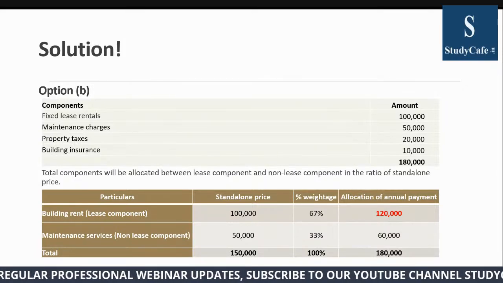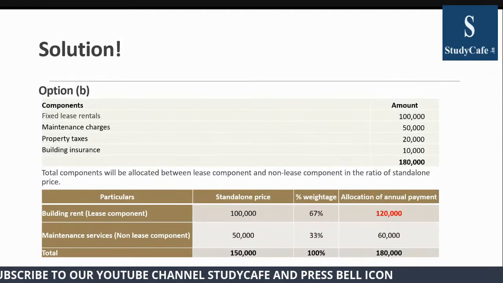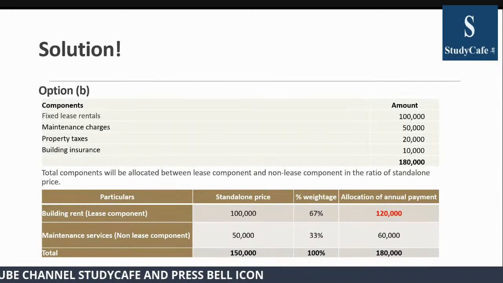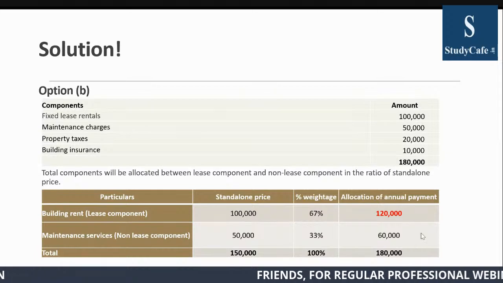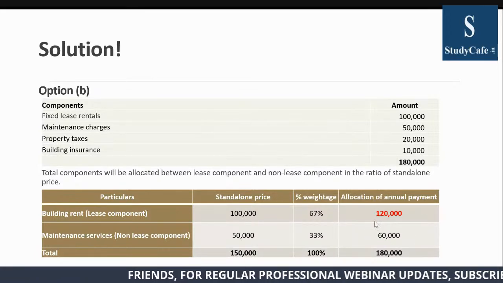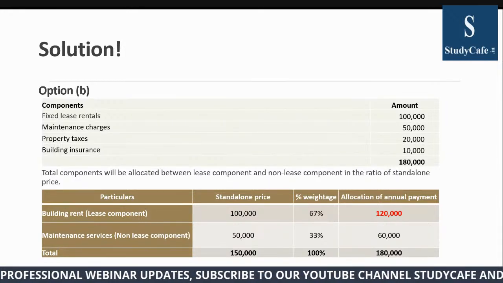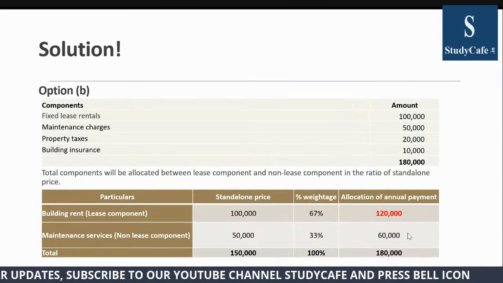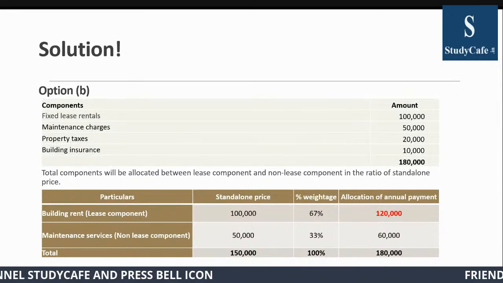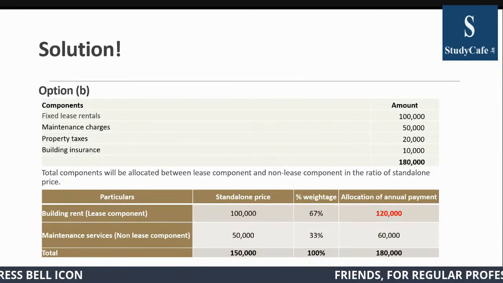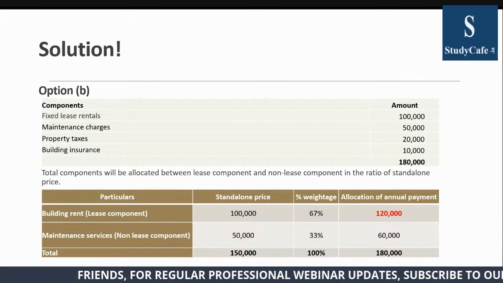As you can see in this case, the standalone price for the lease component is 1 lakh, and for the non-lease component is 50,000. So a weightage has been calculated, and 1 lakh 80,000 has been bifurcated into these two parts. Now you can see that 1 lakh 20,000 is the annual payment for the lease component, which is the building rent, and the remaining 60,000 is for maintenance services, the non-lease component, and it will be expensed off as and when it is incurred. Now, if anybody has a doubt in this case, we'll be happy to take it.